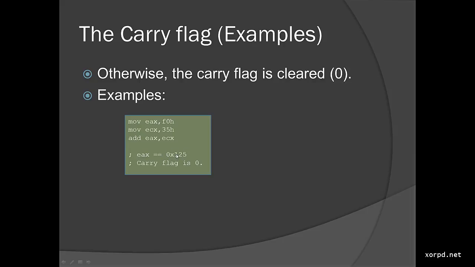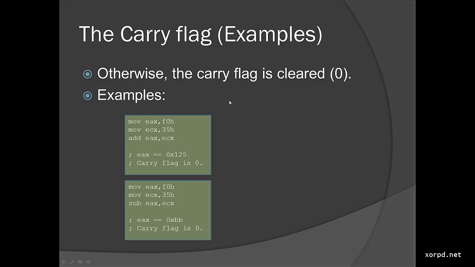Of course, we don't have wraparound here, because EAX and ECX are of very large capacity. They can hold 32 bits, and those numbers are pretty small. This number is only of size 8 bits, and the result is 9 bits. We don't actually have any problem here with unsigned addition. So the carry flag tells us that we don't have any problem. It tells us this by being 0.